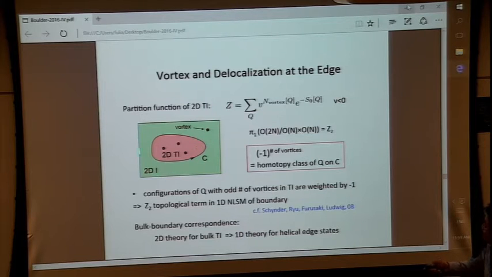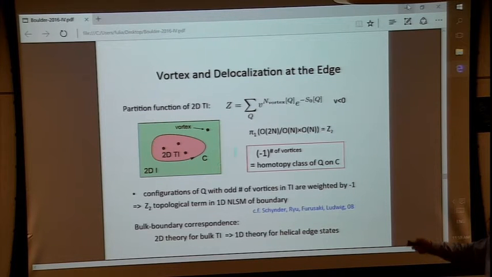Let's imagine the following setup: spatially in this island we have a topological insulator, and outside we have a trivial insulator. The entire system can be closed, but it has two regions, the topological region and the trivial region. Then the number of vortices in the topological region can be either even or odd, because vortices can be dragged from inside to outside.